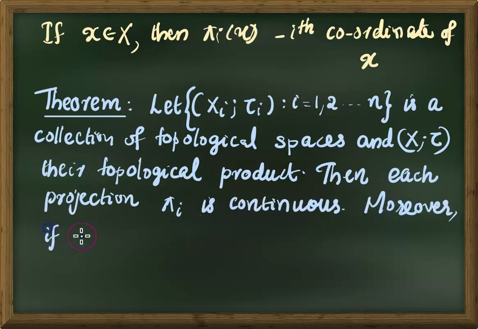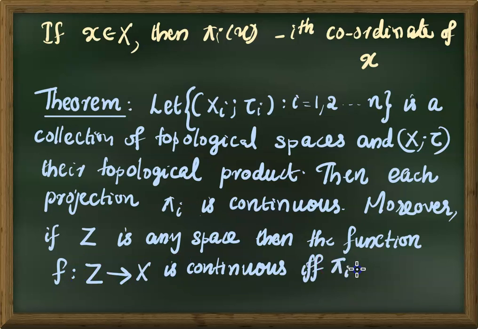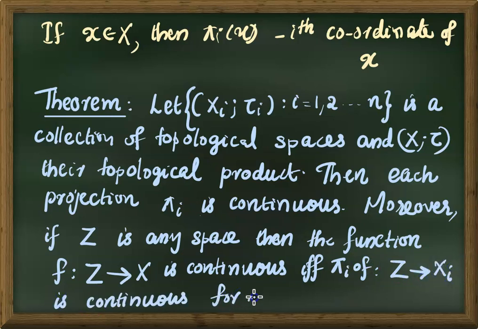Moreover, if Z is any space, then the function f from Z to X is continuous if and only if pi i composition f from Z to Xi is continuous for all i varying from 1 to n.